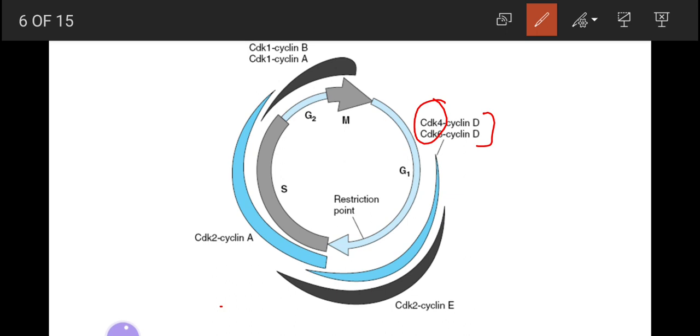The complex between cyclin B and CDK1 is rate limiting for the G2 and M transition in eukaryotic cells. And here again cyclin A and CDK1 also form a complex.